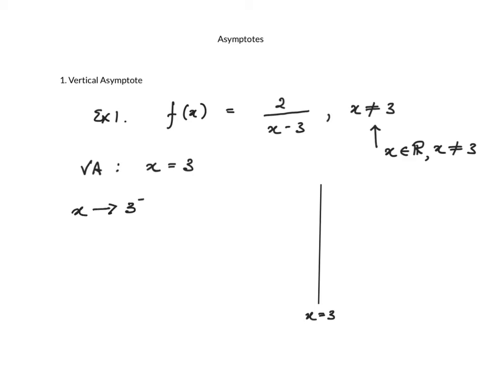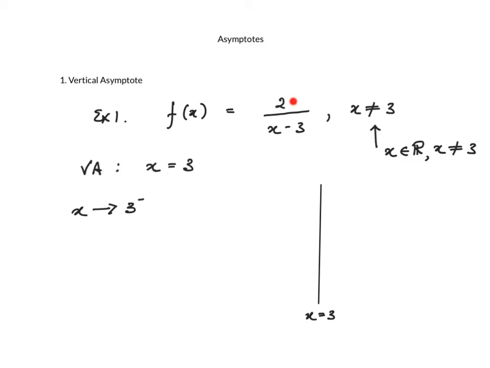Now, what I mean by that is we want to pick a value just to the left of 3, such as 2.9. I'm going to substitute it in here. Now, a value just smaller than 3, and we subtract 3 from it, that gives us a very small negative value. So say 2.9 take away 3 is minus 0.1.